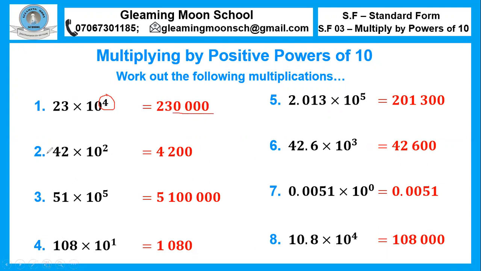That's it. 42 times 10 raised to the power of 2, your power says 2. You write your whole number, 42, and you add 2 zeros. 51 times 10 raised to the power of 5, your power says 5. You write your whole number, 51, and add 5 zeros. 108 times 10 raised to the power of 1, your power says 1.